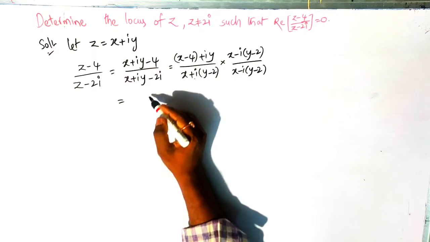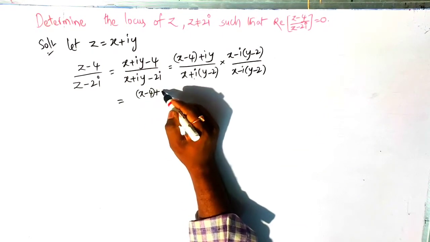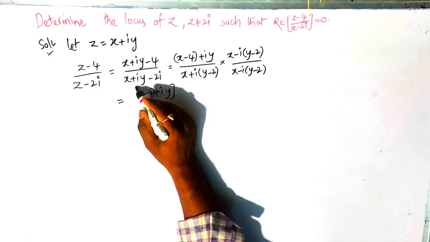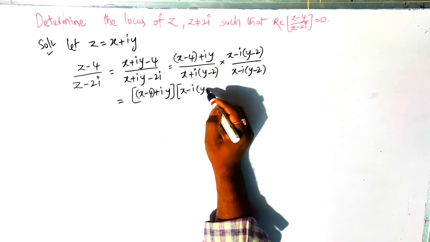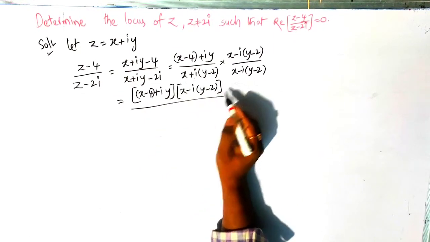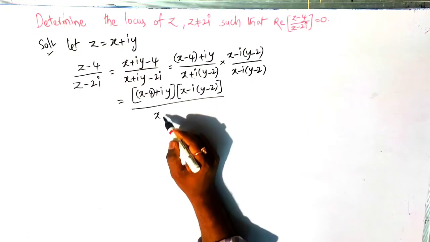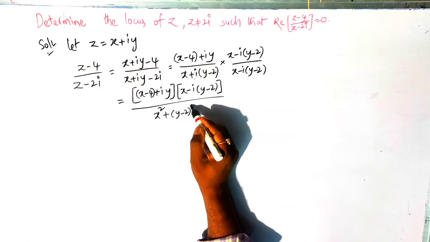So now what we get here? (x minus 4 plus iy) into (x minus i of y minus 2), divided by a plus ib into a minus ib, that is nothing but a square plus (y minus 2) whole square.